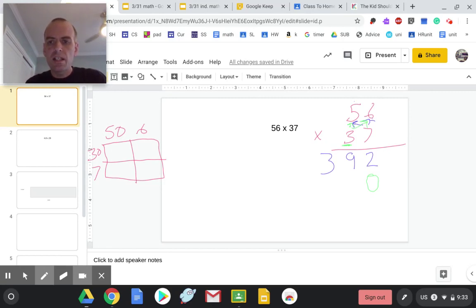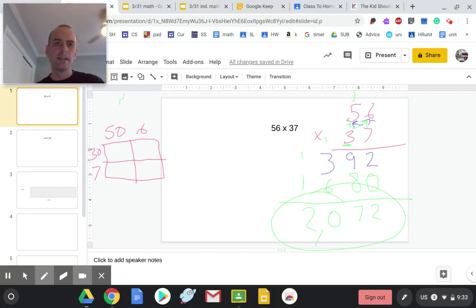So 3 times 6 is 18. My 8, carry my 1. 3 times 5 is 15, plus the 1 is 16. 6, 1. Okay, now I add this up. 7, carry the 1, 4, 10, 0, 1, 2. 2072. All right, you would get the same here if you did it the other way.